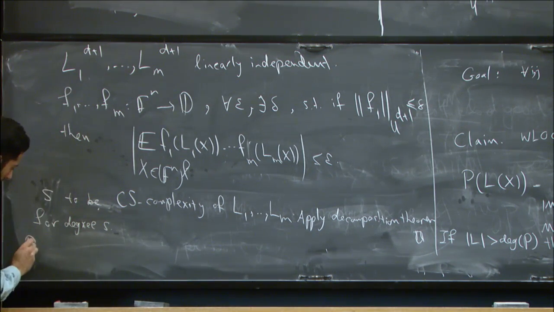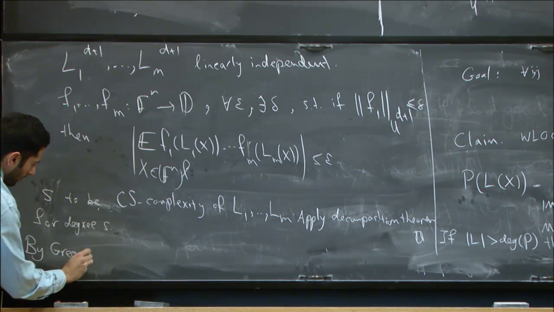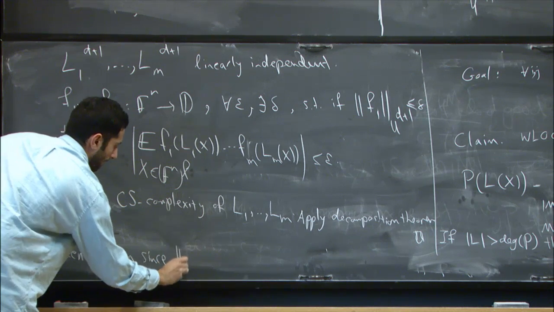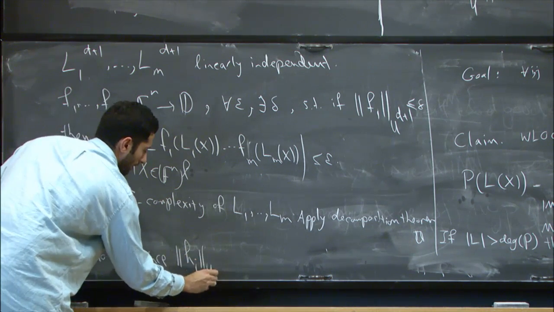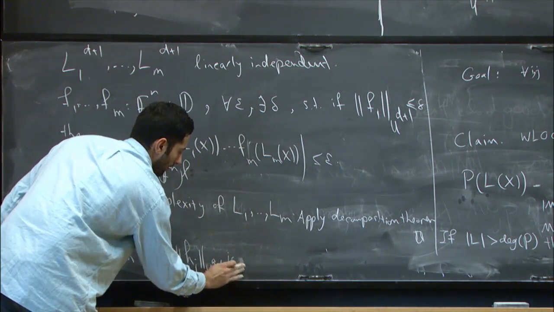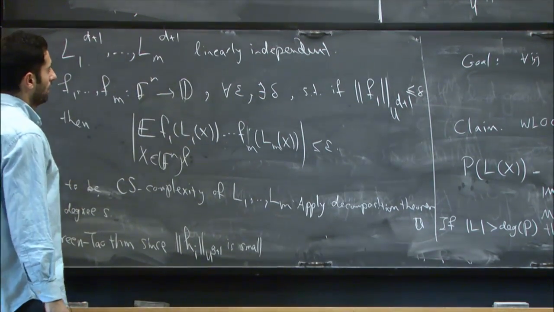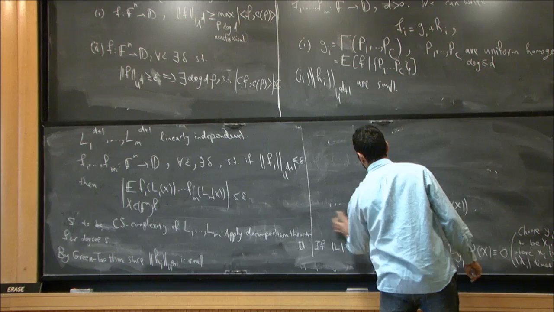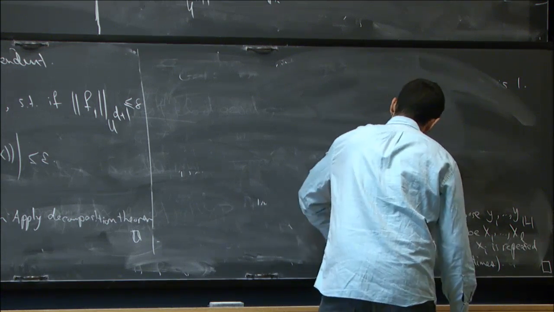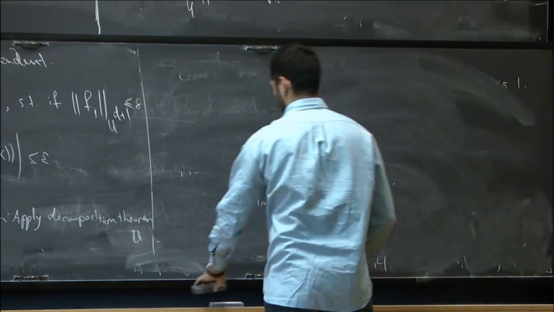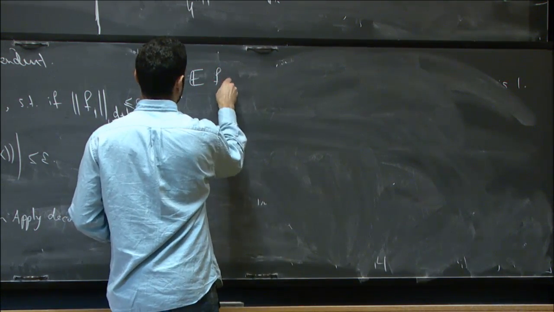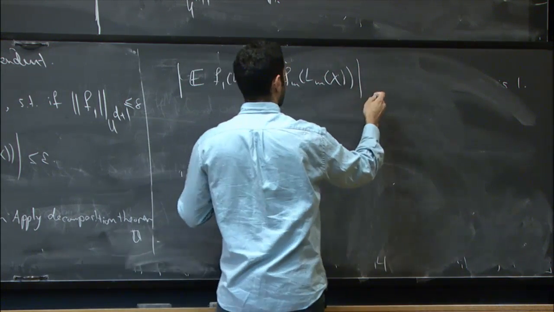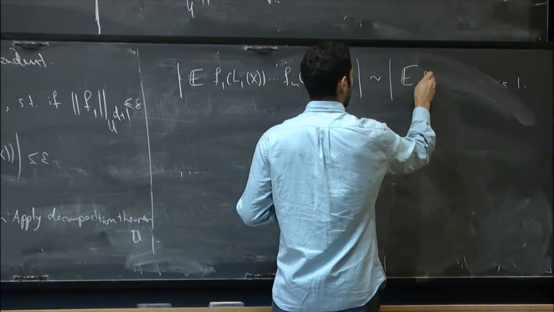By the Green-Tao theorem, since hi's U^(s+1) norm is small, we can approximate to any degree that we want with the same thing for the gi's.